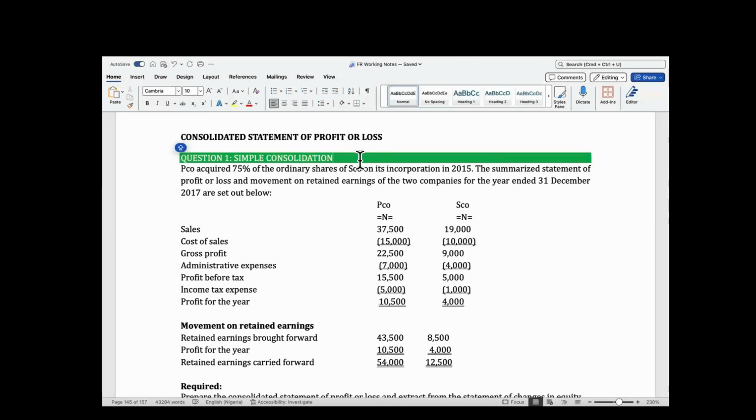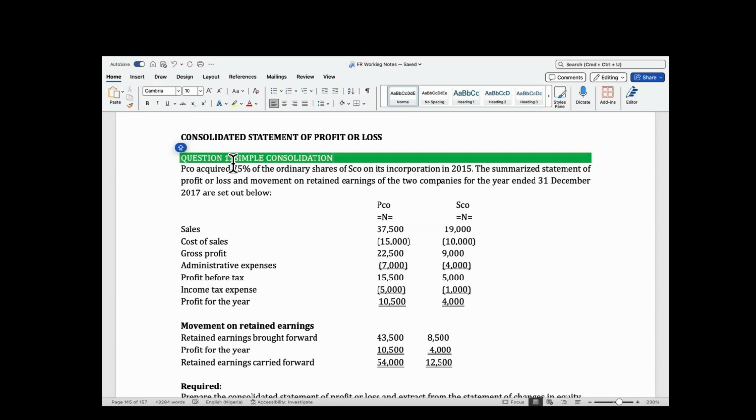Let's look at a simple consolidation with no adjustment at all. It says PICO acquired 75% of the ordinary shares of ESCO on its incorporation in 2015.